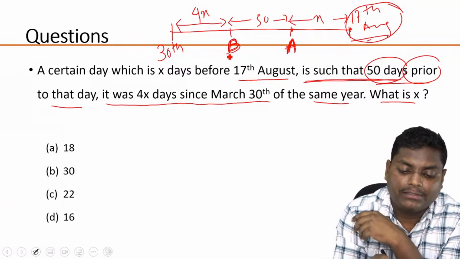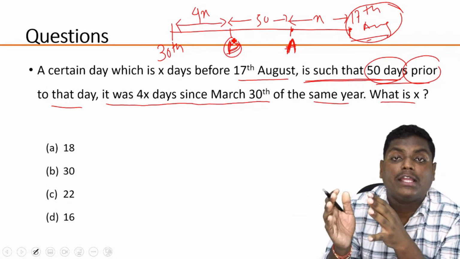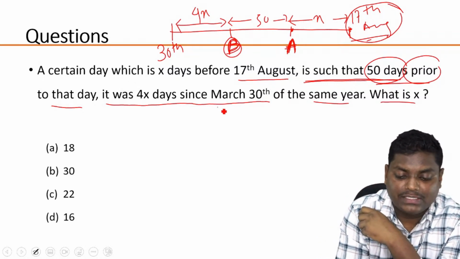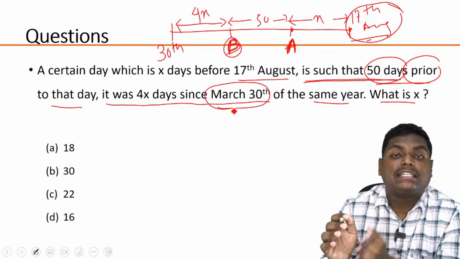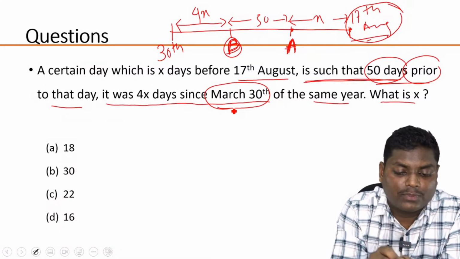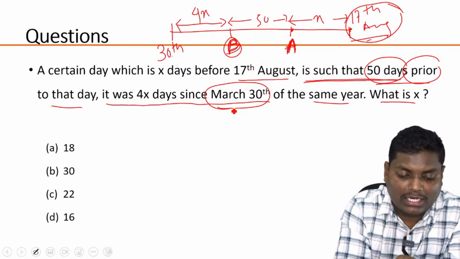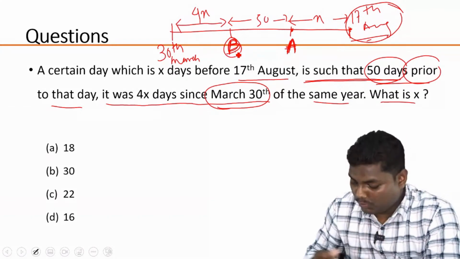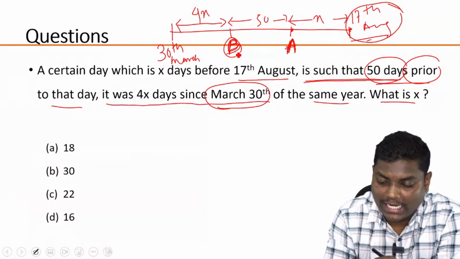So the date B will be 50 days prior to it. Now again it is saying that there is a date, 30th March. This date 30th March is 4x from the prior date. So prior date is B. So from 30th March to this point B, it is 4x. Try this question.